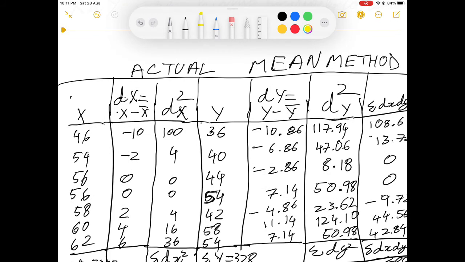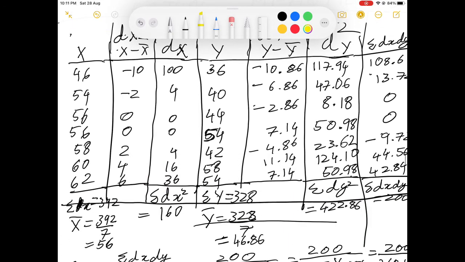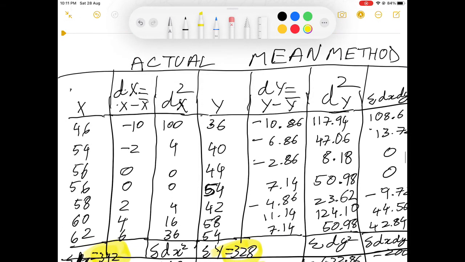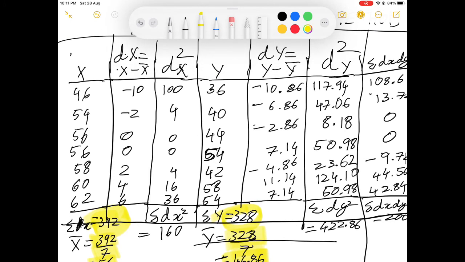Now let's go on to the actual mean method. In the actual mean method, we will calculate the actual means and then we will use the deviations to calculate the coefficient of correlation. So we calculated the totals of x and y. Sigma x was 392, sigma y was 328. Using that we got x bar, or mean of x, as 56 and y bar as 46.86. Now we will calculate dx based on the actual mean of x and dy based on the actual mean of y.